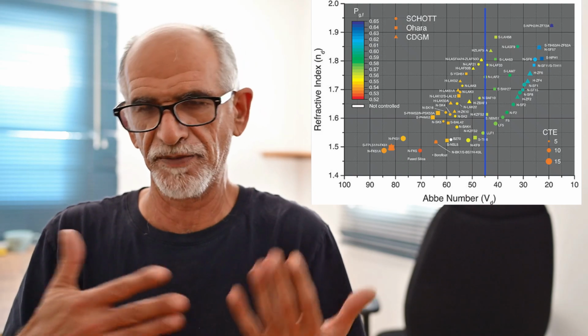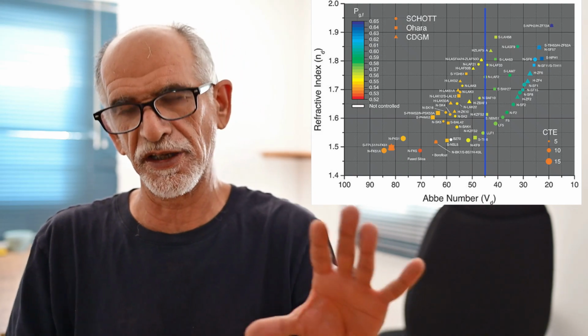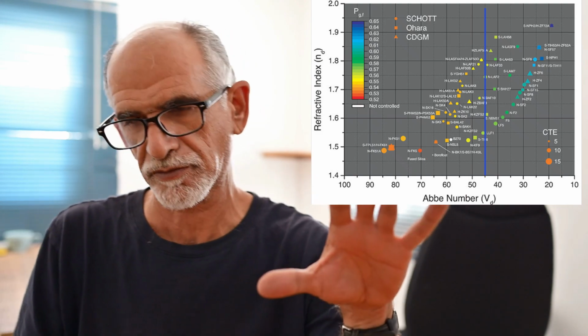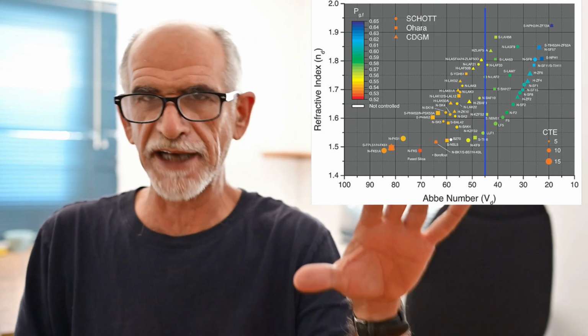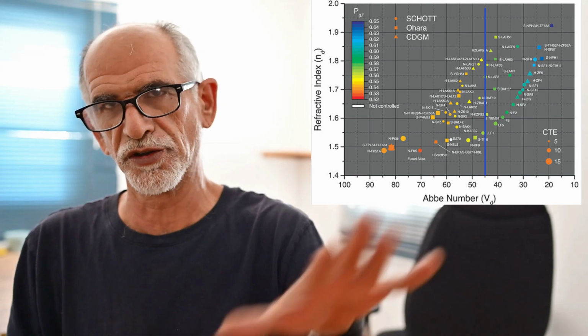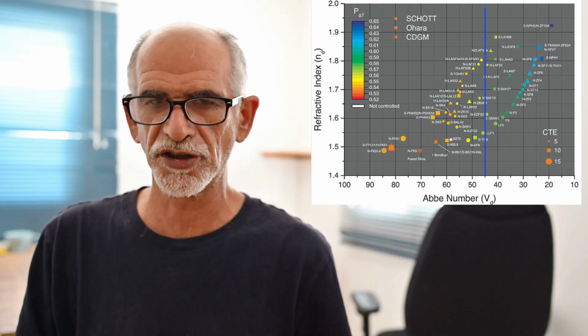The typical refraction index and Abbe number, which is the opposite or negative of the propensity for light dispersion, are presented on the Schott chart, which spreads out a large amount of optical glass types. And you can see where each of the glass types falls on this range.